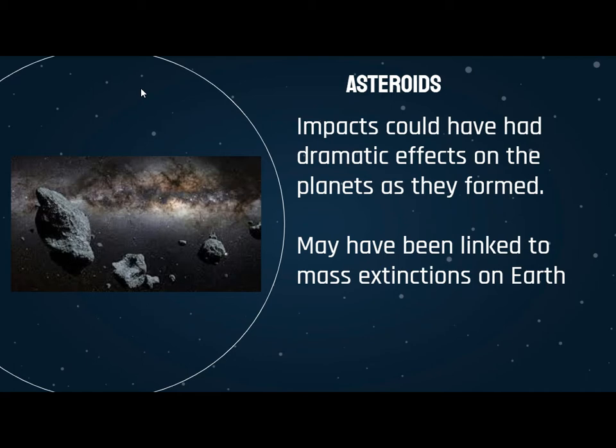Asteroids hit, they sent up enough cloud and dirt into the air that it covered the atmosphere, and so the sun couldn't get in like it should, and caused an ice age, and now we don't have dinosaurs.